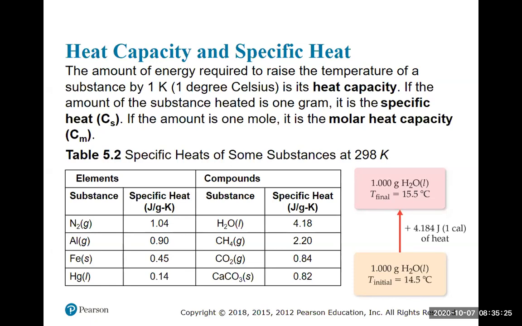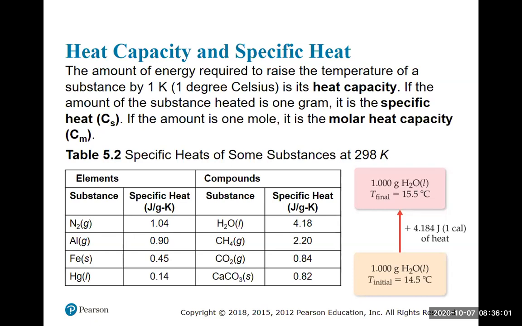If it's expressed in terms of 1 gram, then it's called the specific heat, and that's this capital C with the subscript s designating that. So the little s tells you it's specific heat, and that means it's on a gram basis. And then, if that's not confusing enough, there's molar heat capacity, which is Cm, and that's expressing it for a compound on a molar basis.